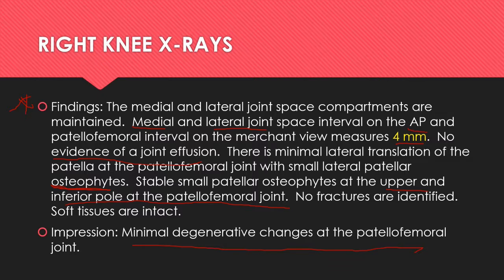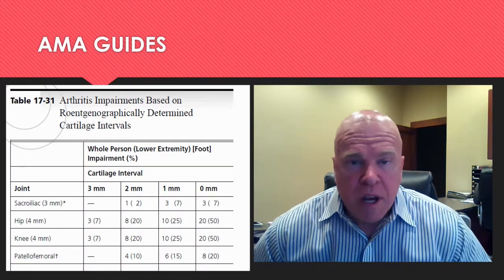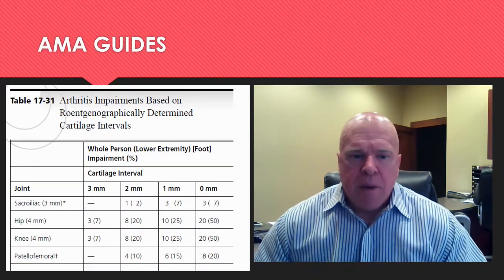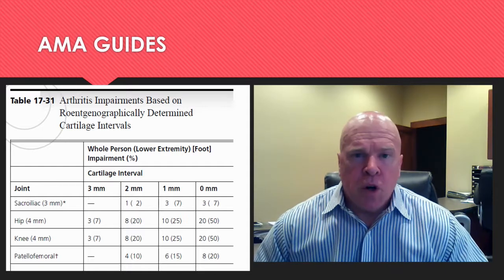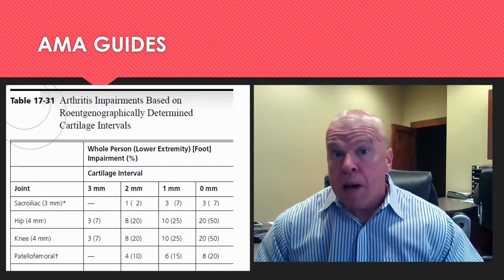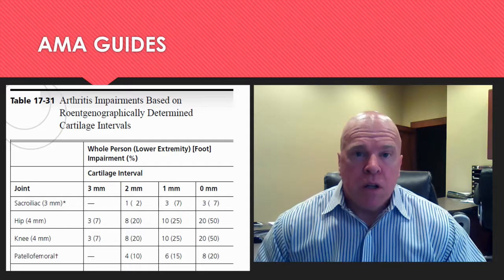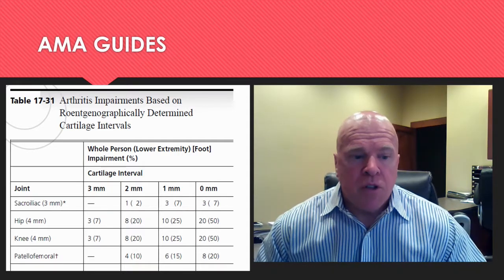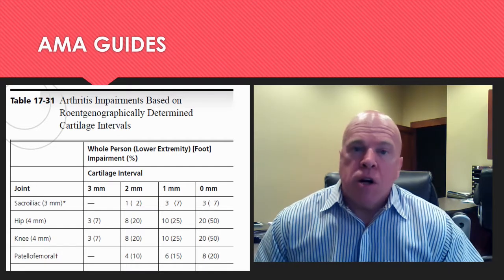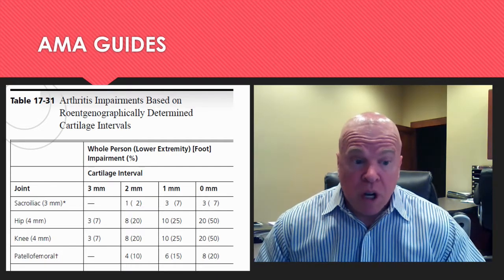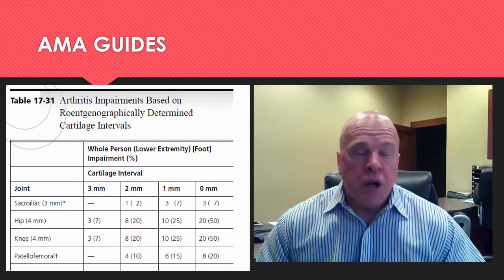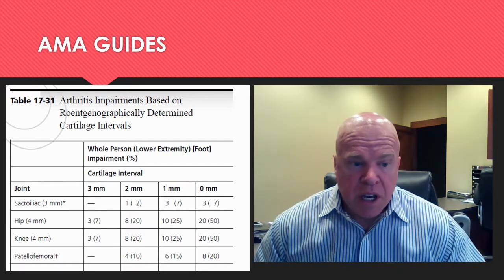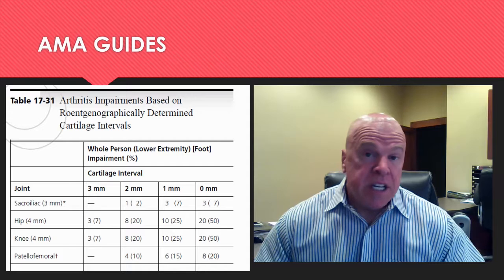But let's just review what the AMA guides tell us about these cartilage interval measurements. So here is table 17-31 from the AMA guides, and this is the table that we refer to for our normal and abnormal values of cartilage interval measurements. Now I have this table cropped off just to show cartilage interval measurements associated with the sacroiliac joint, with the hip joint, and then with the 3 compartments of the knee joint.